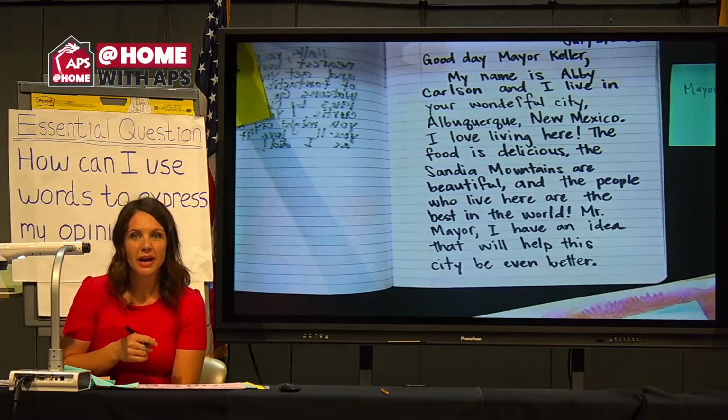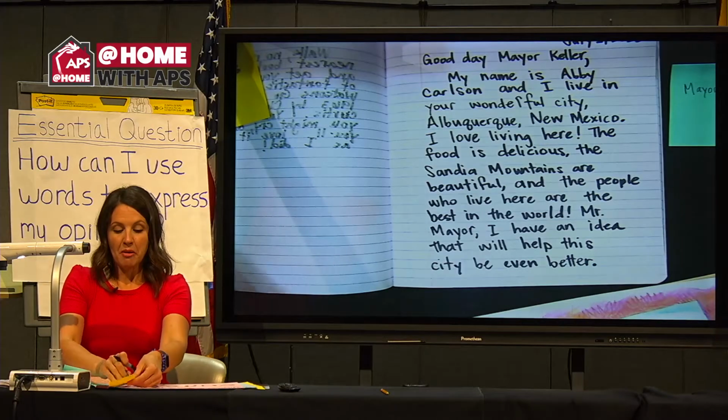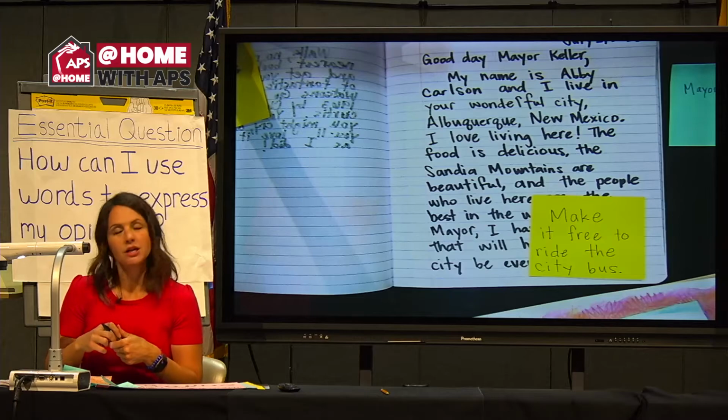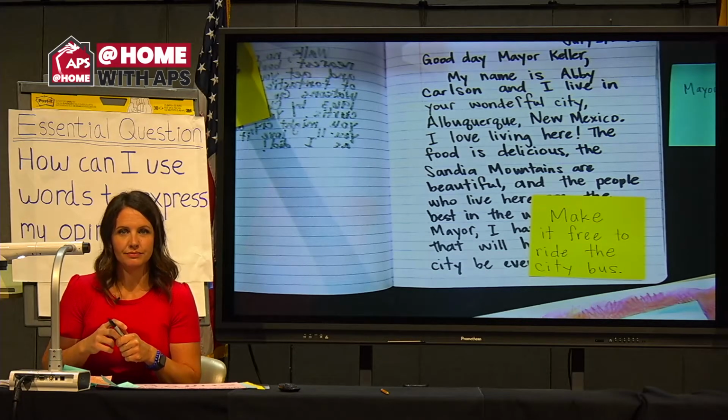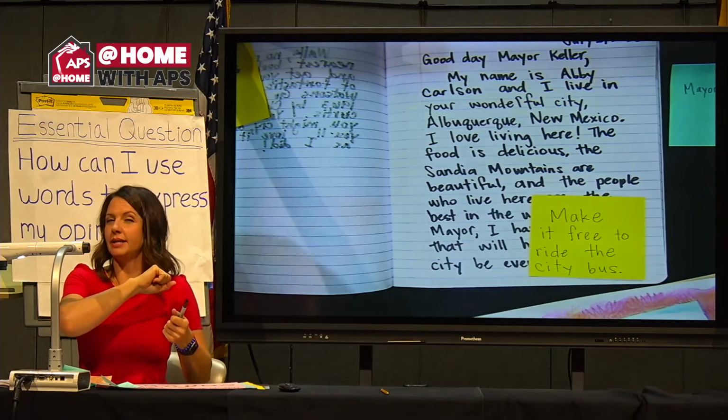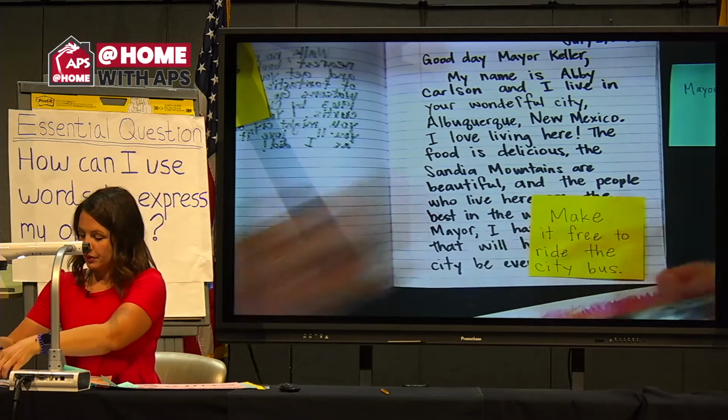I haven't even given my opinion yet. My opinion is that I want to make it free to ride the city bus. So I've been building up, and now I need to give my opinion.